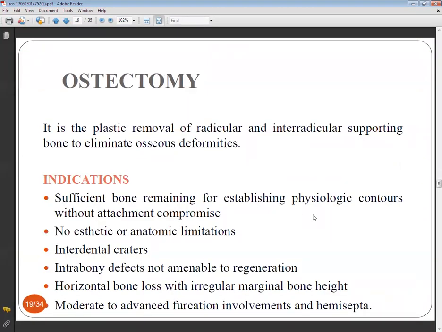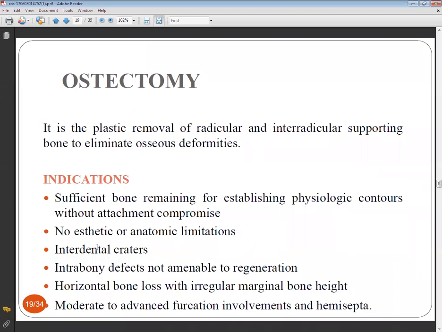Coming to ostectomy, it is a surgical procedure which involves removal of radicular and interradicular supporting bone to eliminate the osseous deformities. Indications of ostectomy: sufficient bone remaining for establishment of physiological contour. To carry out ostectomy, there should be sufficient bone remaining with that particular tooth, and it cannot be done in the aesthetic area.